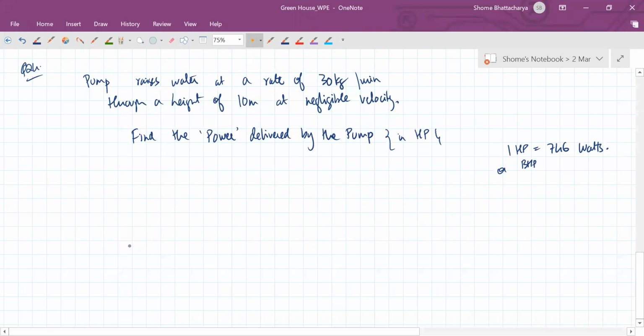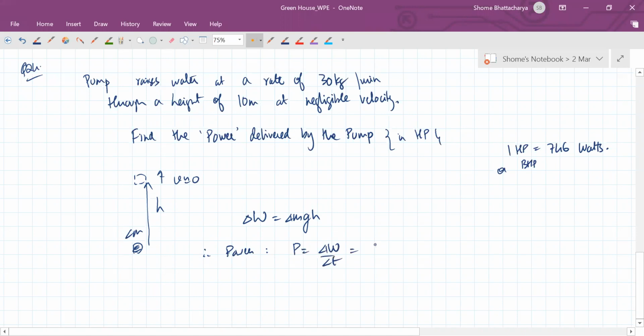Anyhow, suppose a mass delta m of water is lifted through a height h at a speed tending to 0. The work done is this much. So the power is the rate of work done with respect to time.